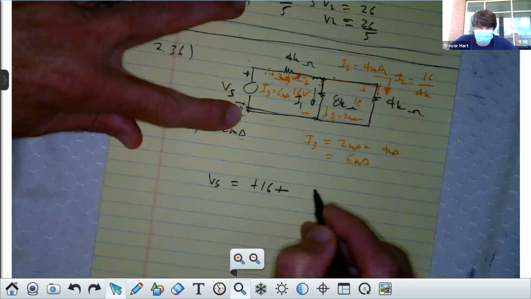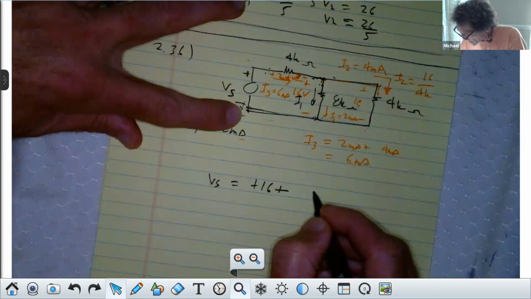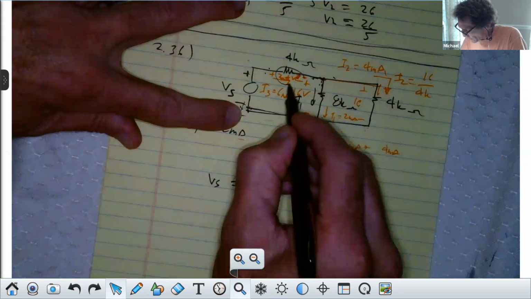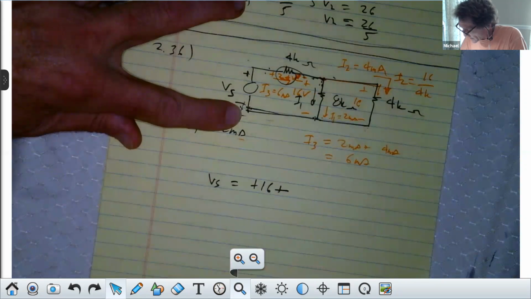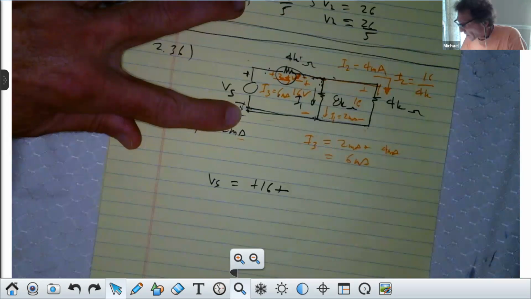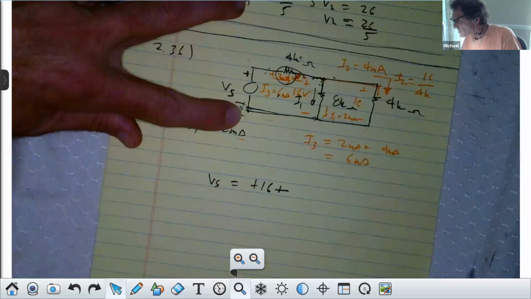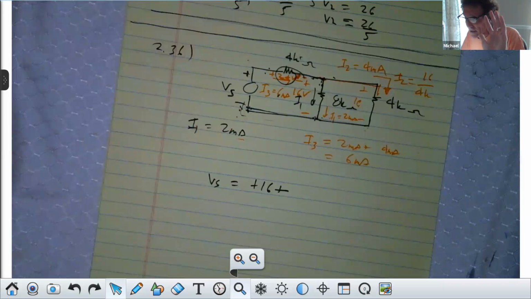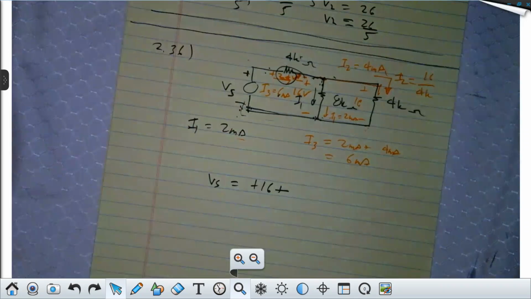Increase of 8. Isn't that 24? Isn't it 6 milliamps times 4K, class? Didn't we agree that that was 24 volts? Agreed? Okay, so this is plus 24, right?